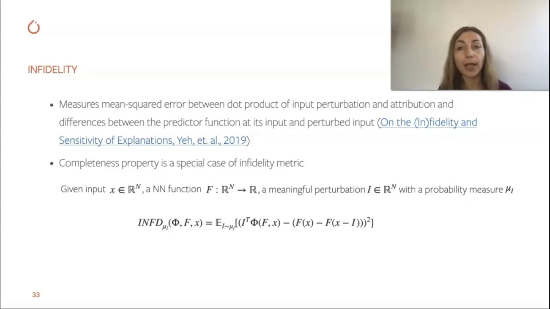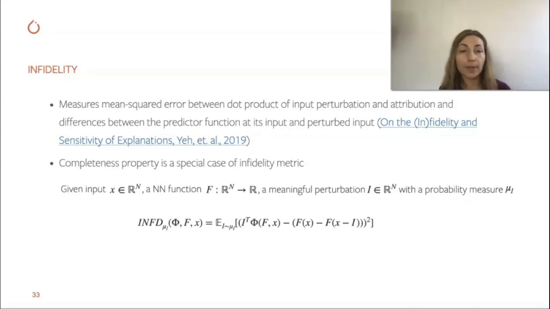So given an input x, a neural network function f, a meaningful perturbation I with a probability measure mu I, infidelity is defined as the mean squared error between the dot product of input perturbations and attributions and the differences of our predictor function at its input and perturbed input. Ideally, we would like to have a lower infidelity score. The lower infidelity score tells us that our explanations are more trustworthy.